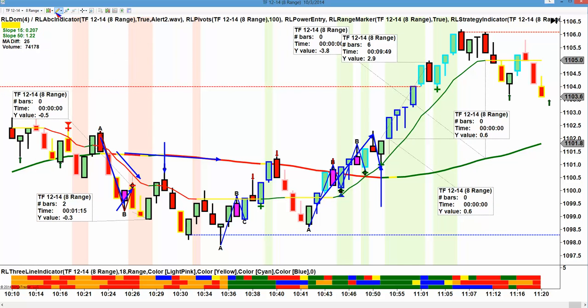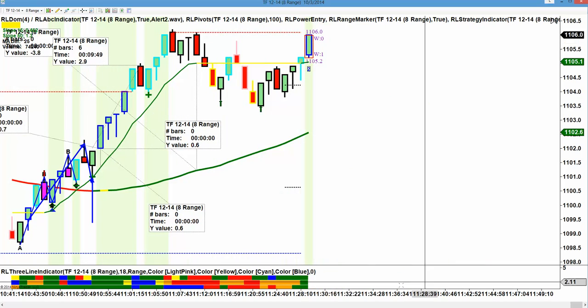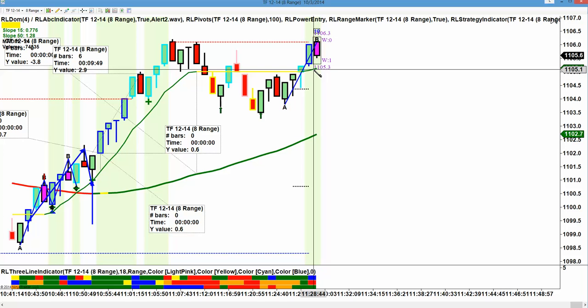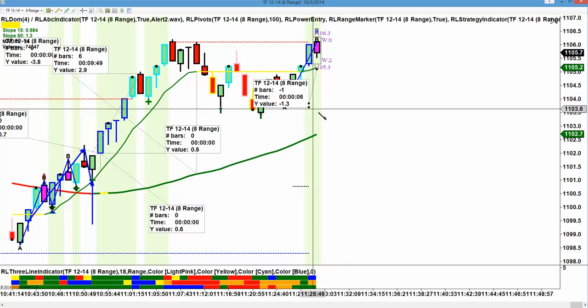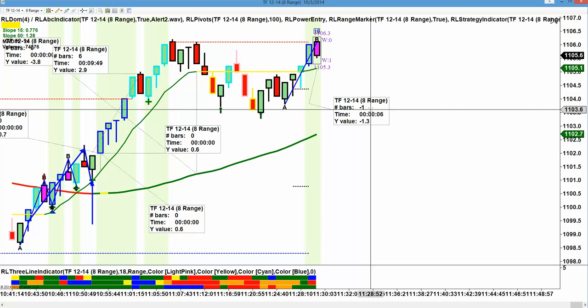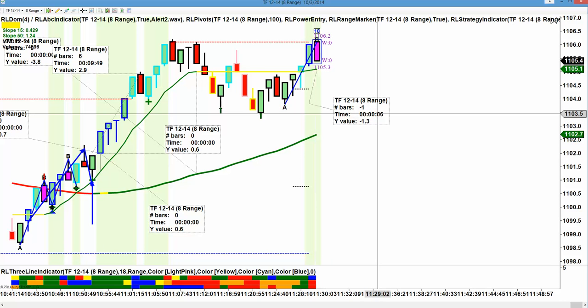I don't know why. Let me just do it here. I have no idea what the number of bars means. The only thing that I use it for... I don't know what the time is either. I could find those variables out.